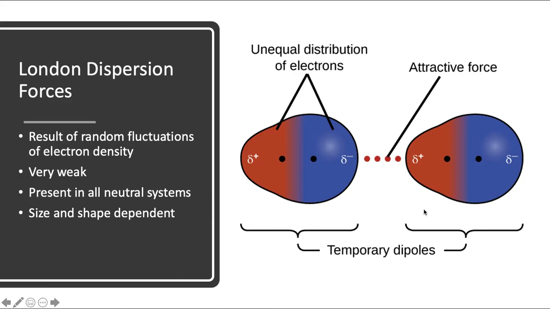The larger the molecular weight or the atomic weight, the larger the London dispersion forces. So the heavier molecules will typically have larger dispersion forces because, well, think about it. If I go down a group, for example, and I'm just looking at the atoms right now, I know that the size of the atoms increases.